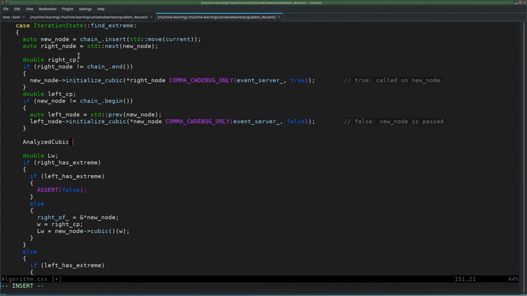Now we have a right one and we have a left one, and it's super annoying that sometimes you don't have them. The special cases are killing me.